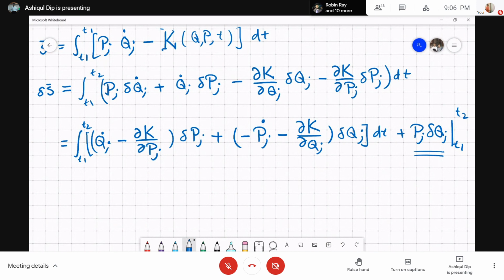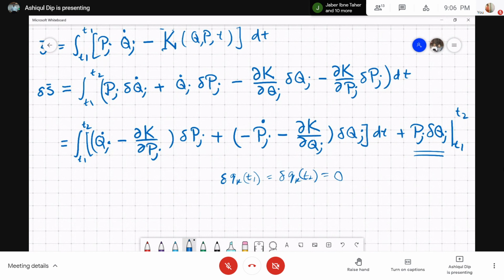So this is what we got so far, right? You cannot tell that the variation of big Q_j vanishes at T1 and T2, because the only thing we are imposing is that the variation of small q at T1 and at T2 equals 0.